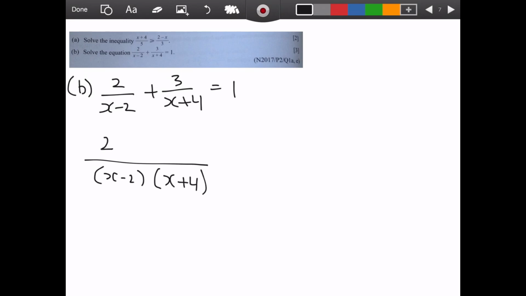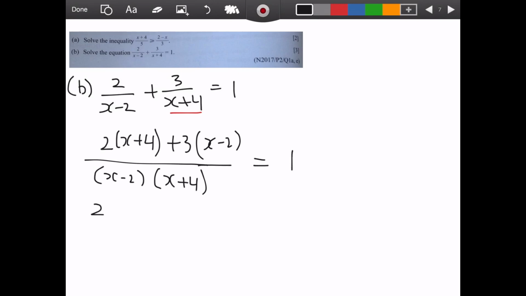So for the first one you have to multiply by x plus 4, then you plus 3. Because this denominator is x plus 4, now you want to make it into (x minus 2)(x plus 4). The numerator 3, you have to multiply it by x minus 2, so it'll be like that. Okay, so this will be equal to 1.